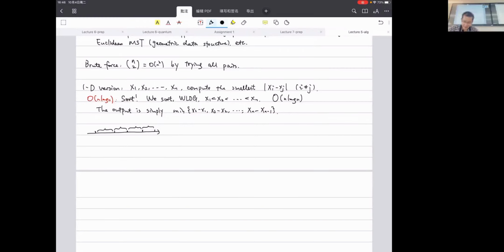For our discussion here, to make the presentation clear, without loss of generality, we assume no 2 points have the same x coordinate.